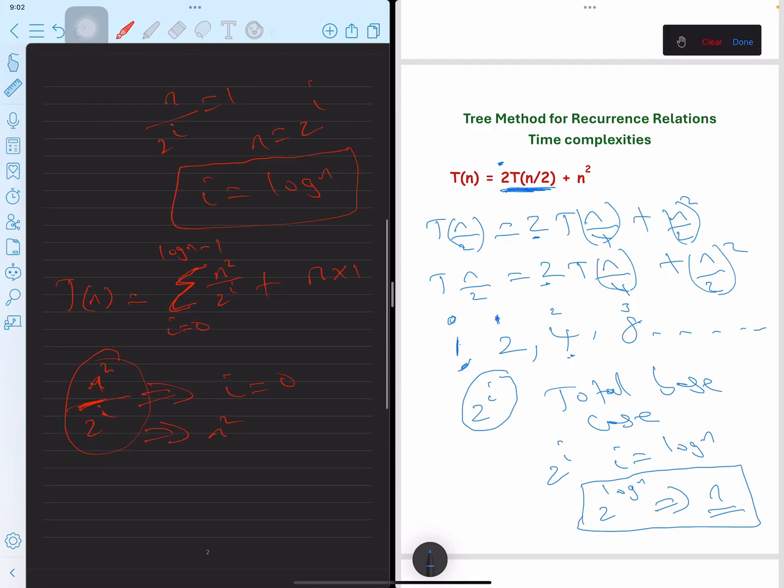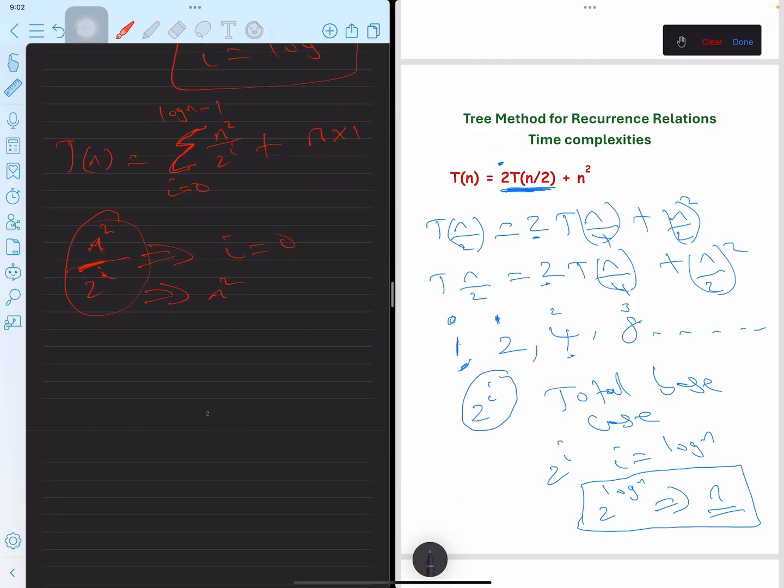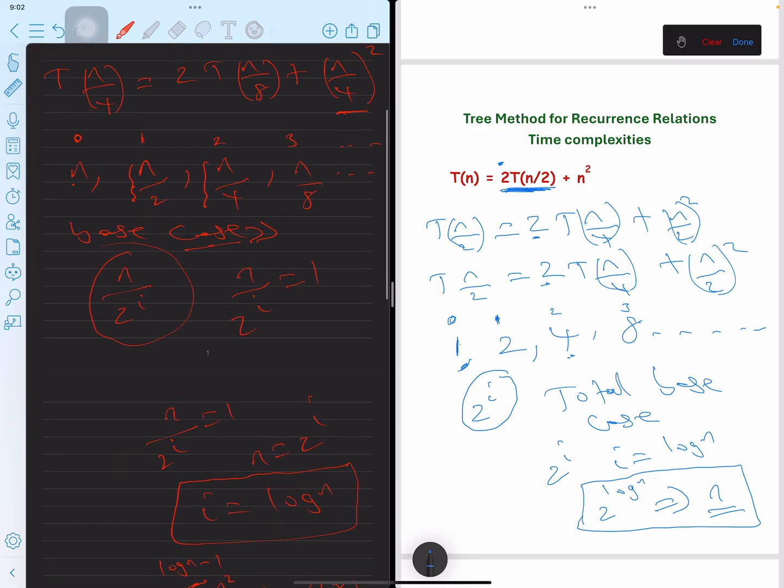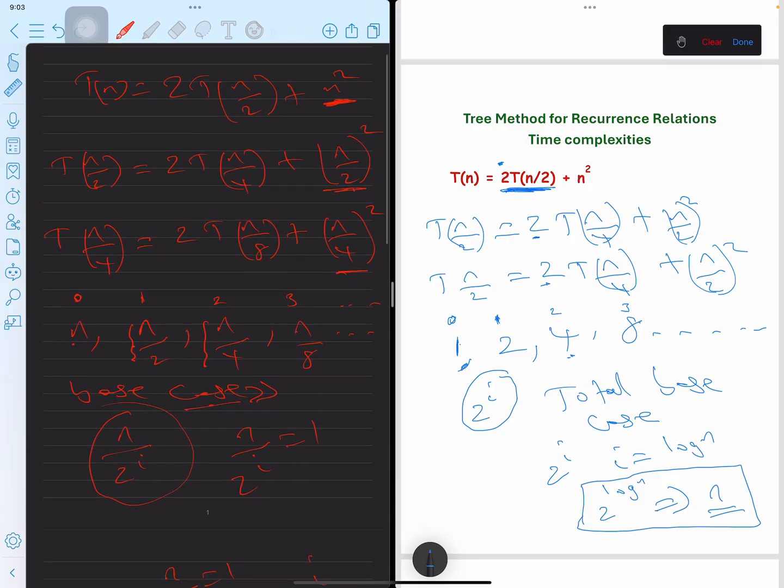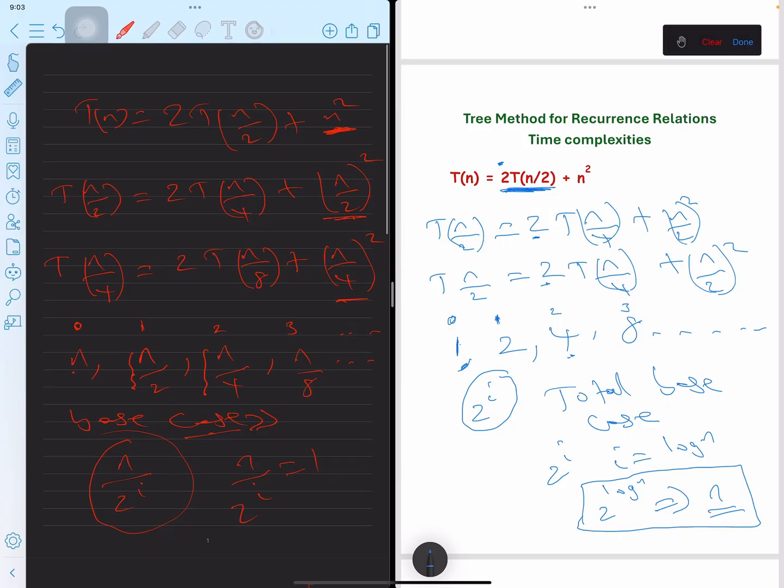Now, if you take i to be 1, this is going to be n squared over 2, right? Cool. Now, this is what you get. But there's something I still need to let you know, because this one is being produced by 1, right?